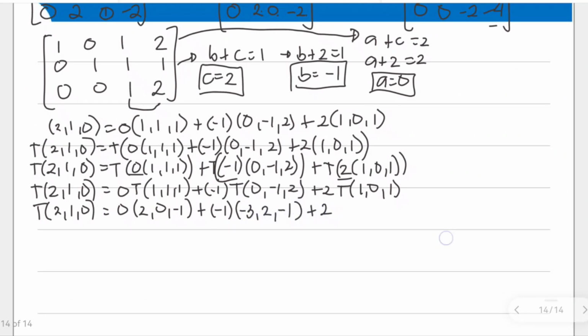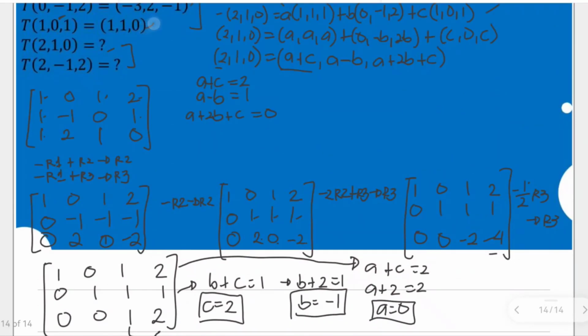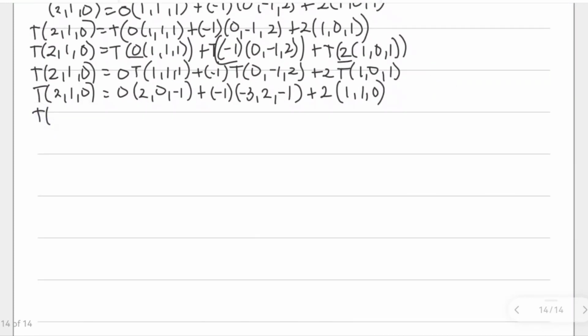Plus 2 times the linear transformation of 1, 0, 1, which is 1, 1, 0. That would mean you have 2, 1, 0 here. These are all 0. This would become plus positive 3, negative 2, positive 1, plus 2, 2, 0.